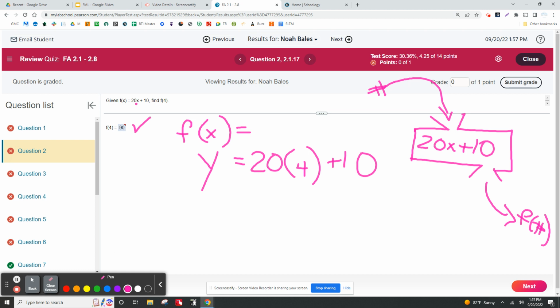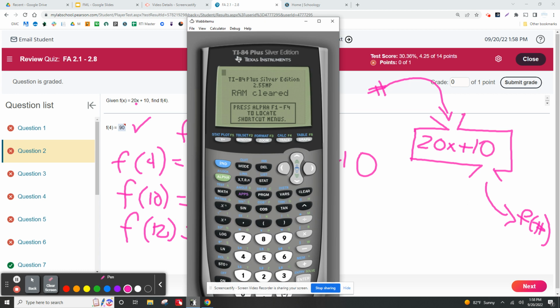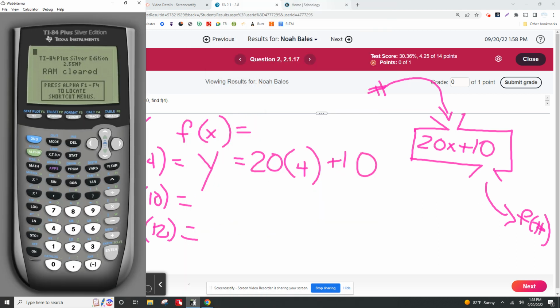Now, sometimes they might ask this, etc. Okay, so if you ever get to where they ask for multiple points, go to your y equals, type in 20x plus 10. Here's your x up here.